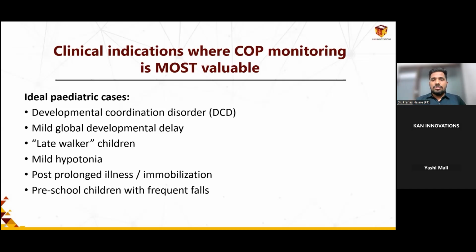And in preschool children with frequent falls, subtle delay in forward progression or poor push-off becomes measurable. These are the cases where subtle data truly makes a big difference, because center of pressure analysis allows you to see what the eyes alone cannot see.